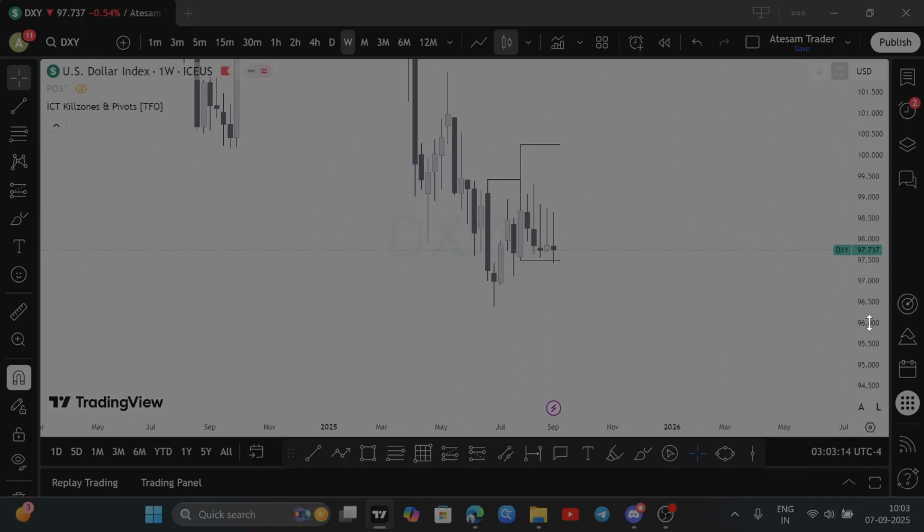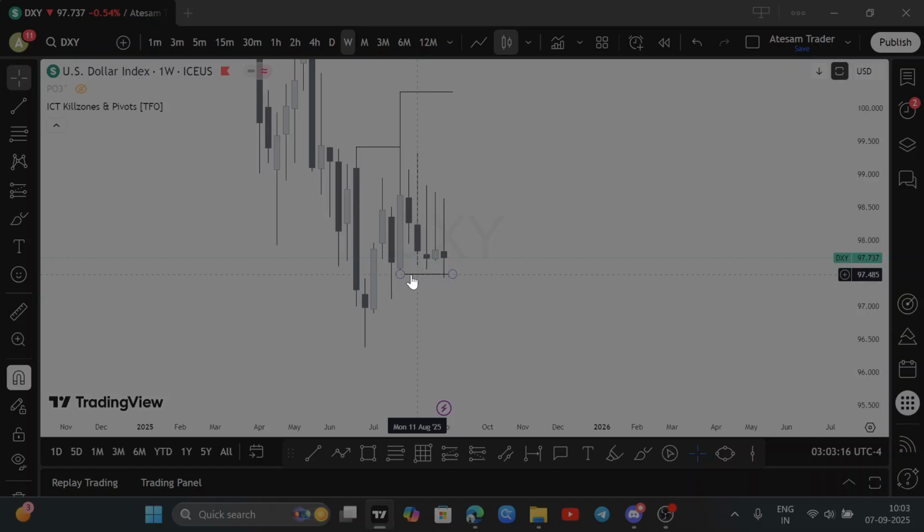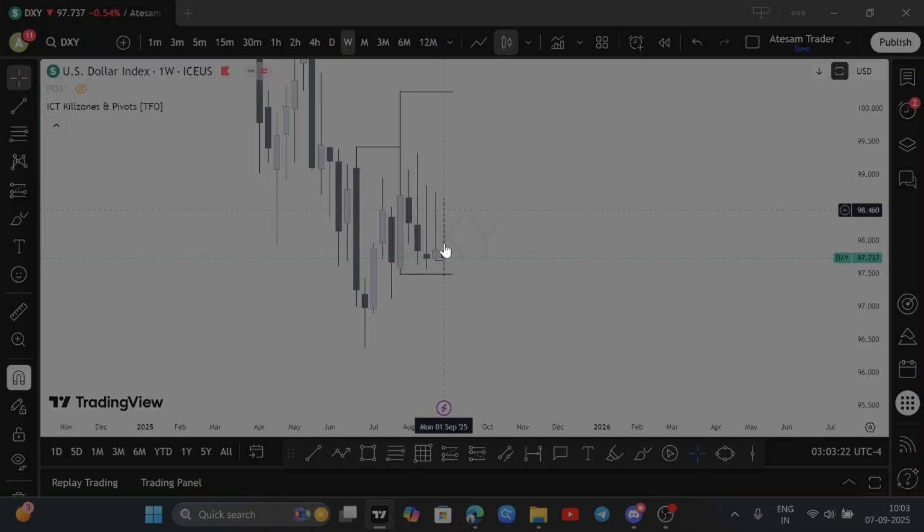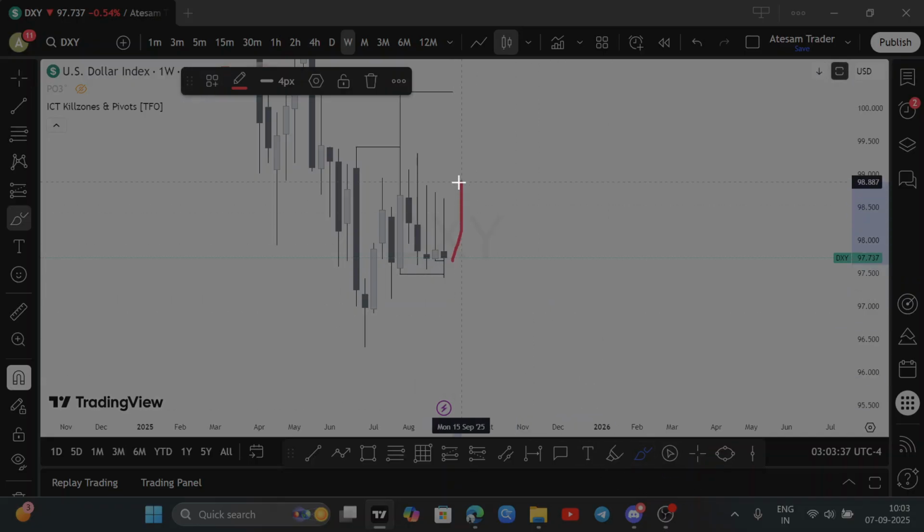Okay, but what happened here? Here we swept the lows of this candle and also closed above. Yes, this is not a bullish signature because if you see, the closing is not that strong. It is a weak closing. So we have to take more consideration if we want to buy here, because we swept these lows and can expect some type of continuation move up.